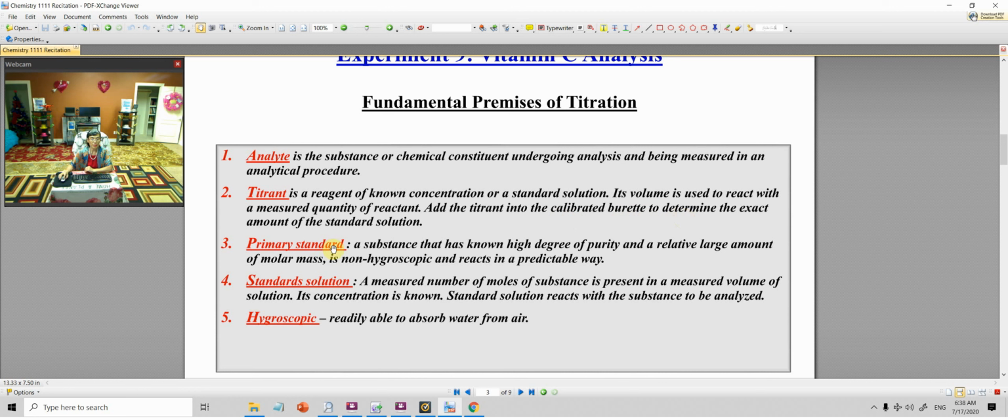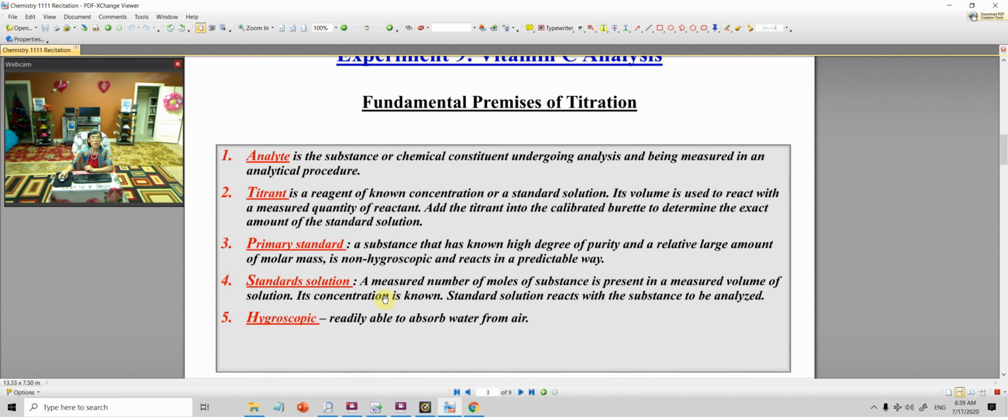Primary standard refers to a substance which has a very high degree of purity, a relatively large molar mass, usually should not be hygroscopic, and can react with your unknown sample in a predictable way. A standard solution is a measured number of moles of your substance present in a measured volume of solution.